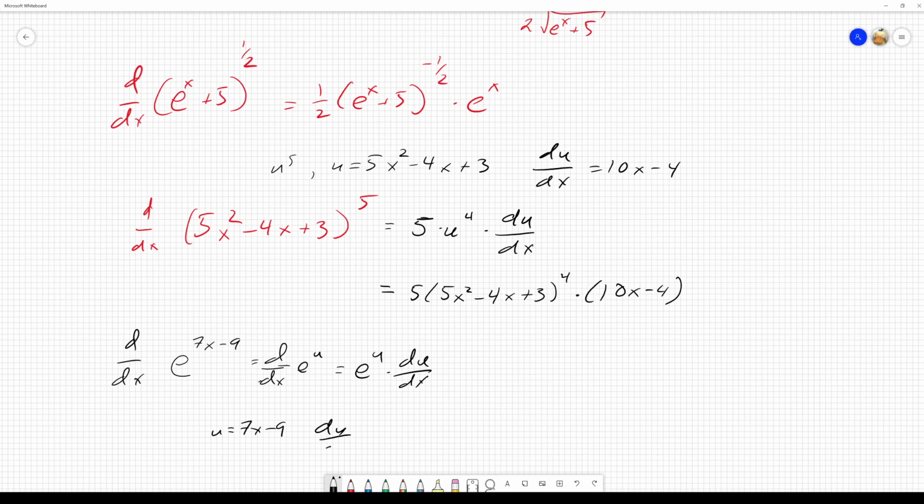So du dx is 7, so then e to the u is e to the 7x minus 9, and then you take the whole thing and multiply it by 7. And I can rewrite that as 7 times e to the 7x minus 9.